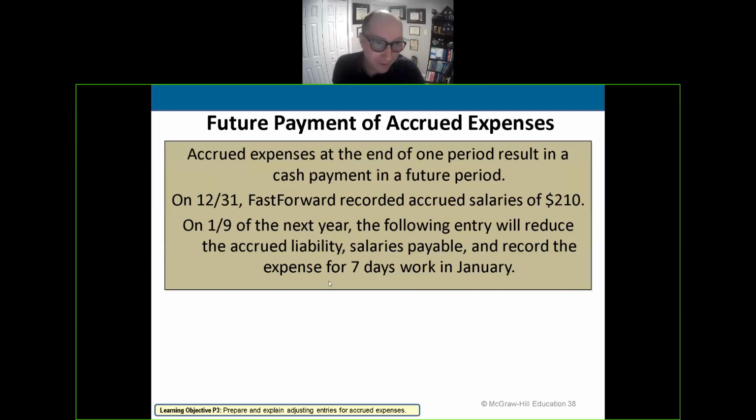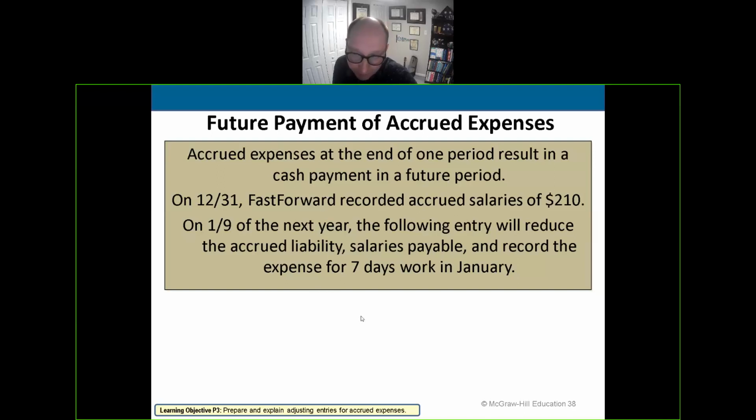Okay, let's see. Future payment. So we accrued the wages. Eventually, we need to pay our employee. So we pay them on January 9th. Remember, they accrued that $210 for December 31.